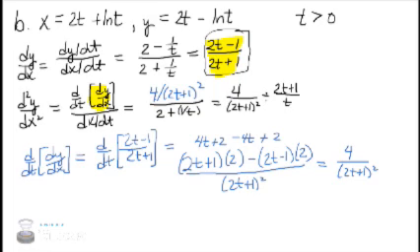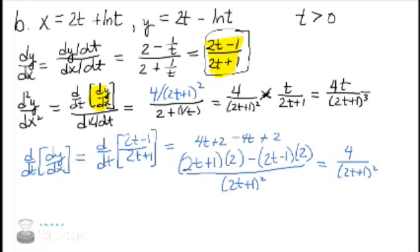So we're going to invert and multiply, so we multiply by t over (2t plus 1). That's going to give us 4t over (2t plus 1) cubed.